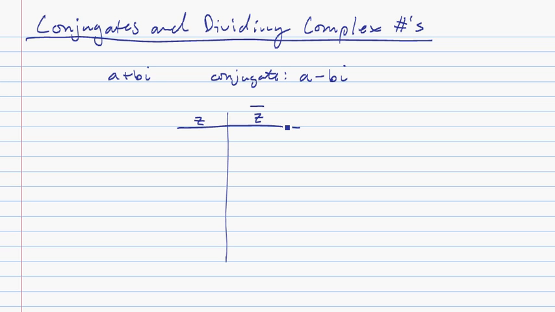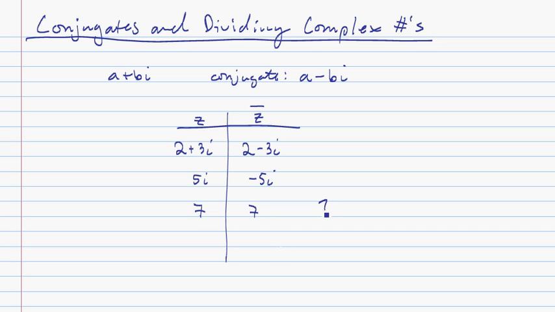So if I had 2 plus 3i, that is really going to be 2 minus 3i when I do the conjugate. If I have just a plain 5i, that's going to be minus 5i. If I have 7, now there's no imaginary part to that number, so the conjugate is still just 7.